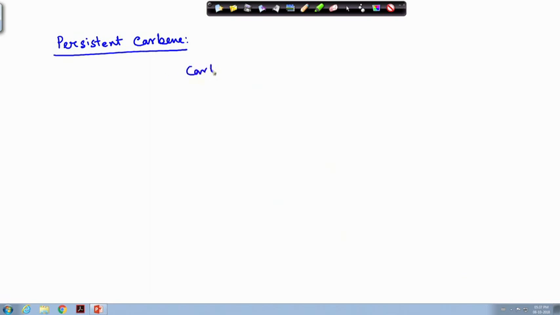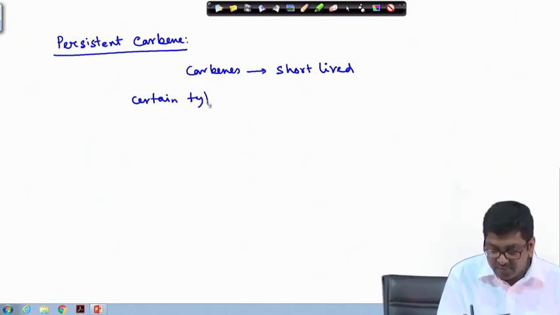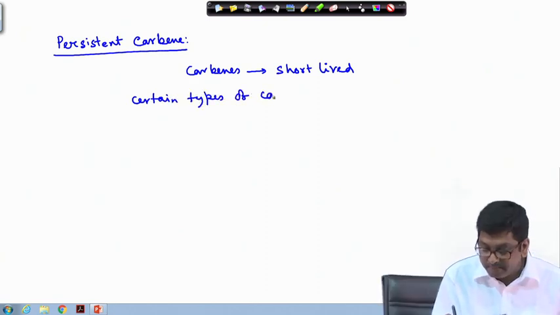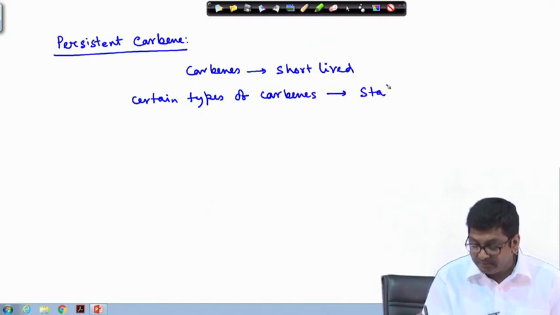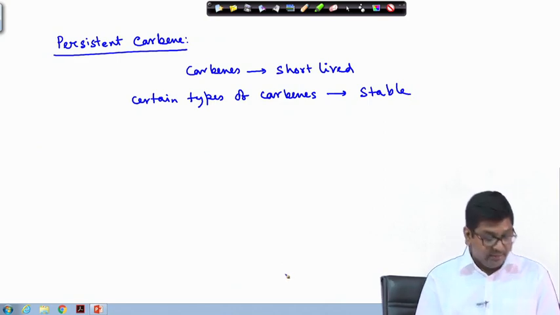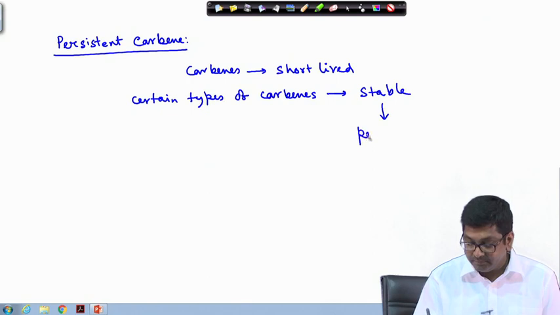Carbenes are in general short lived. Now, there are certain carbenes which are stable. Certain types of carbenes are stable. These are called the persistent carbene.